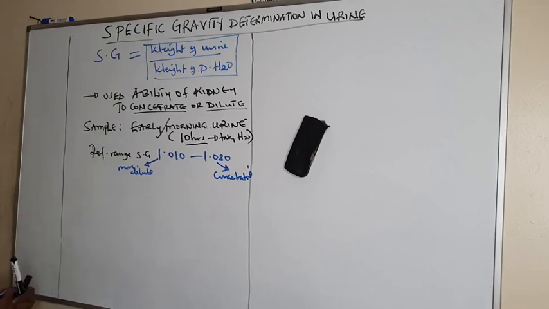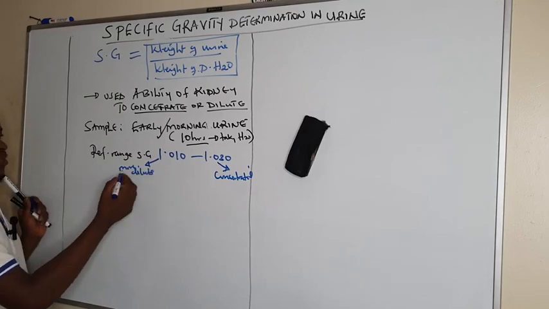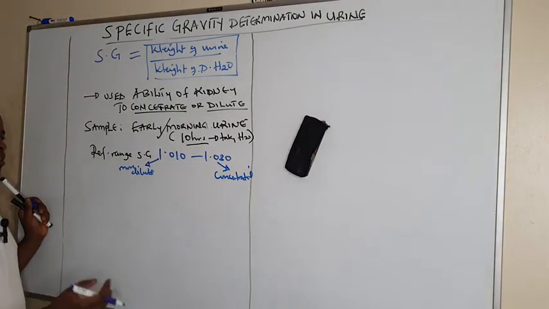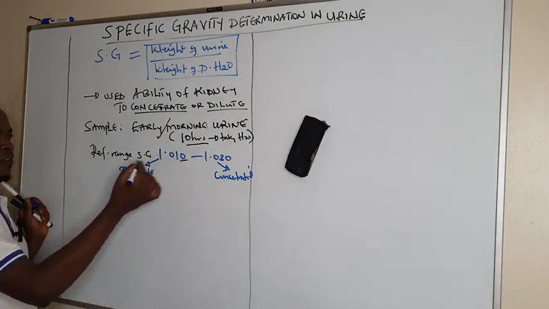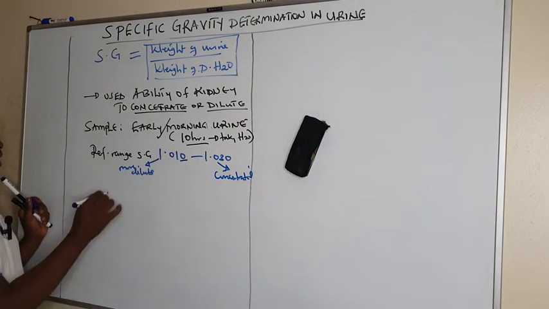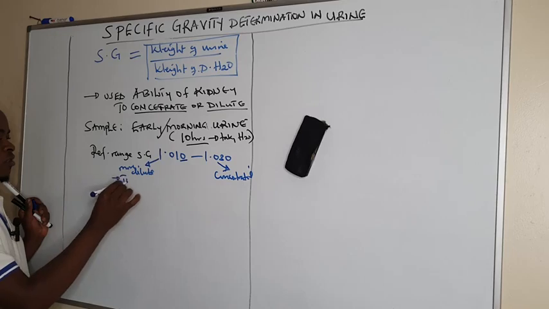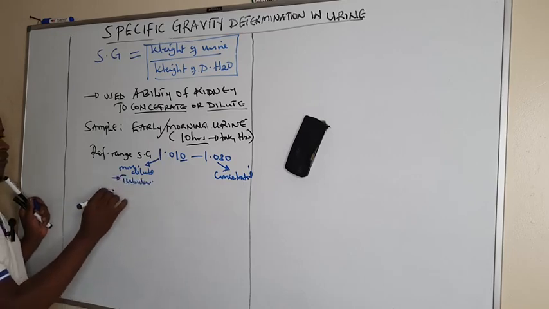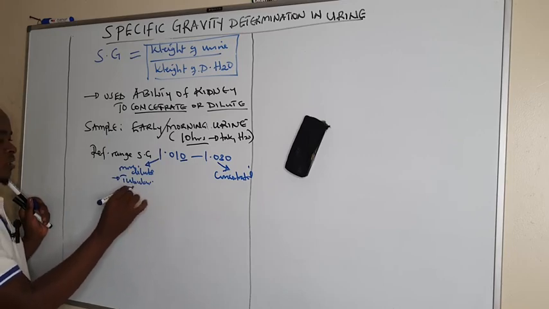And we shall see different causes. When there is consistently more dilute urine, and you're not taking much water and the specific gravity is below this range, we can suspect a tubular condition, that is, tubular failure of the kidney to reabsorb water.